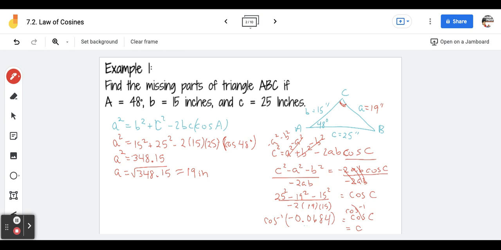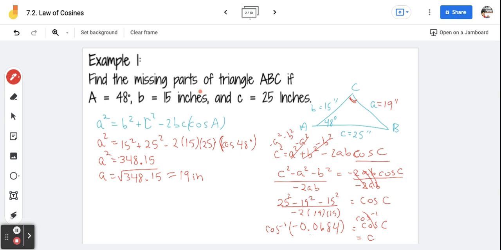Okay. So it looks like it's going to be 94 degrees. So angle C would be 94 degrees.